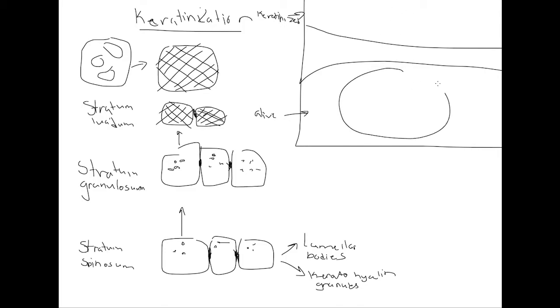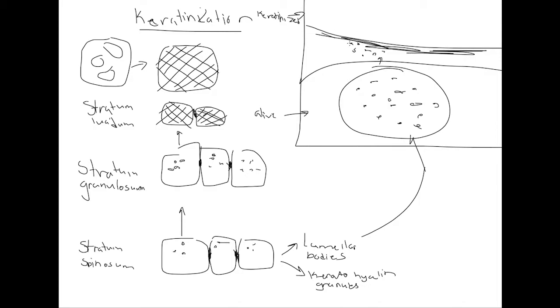And your lamellar body is going to be inside your live cell, okay? It's going to contain contents that are going to contribute to the formation of an important layer in your skin. So this is your lamellar body. Its contents are going to spill out into this area, okay? And they're going to contribute to forming part of a layer over here, part of a barrier over here. And this barrier is called your epidermal water barrier.